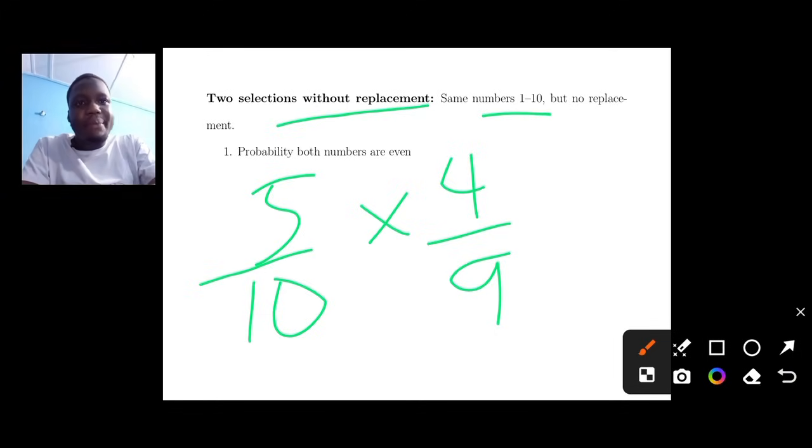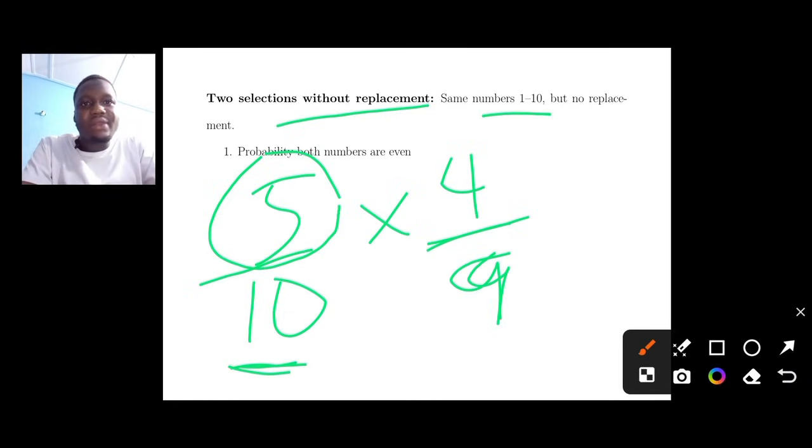So if you pick one even number here, we are left with 4 even numbers, and we are left with a total of 9. Remember, this event says that the first one is even. So you've taken one even number out.